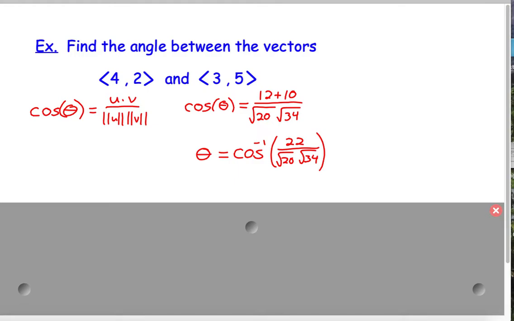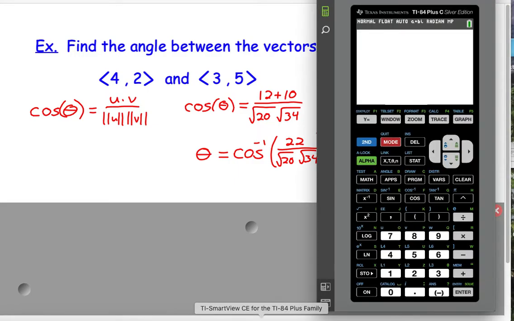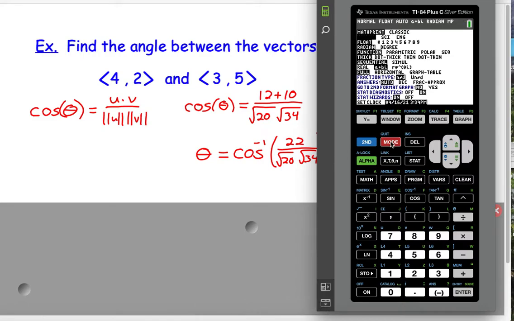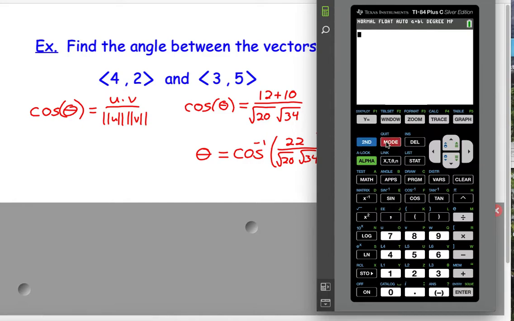So let's grab a calculator and make sure we're in degree mode, which I'm not. Okay. And now let's do inverse cosine, second cosine, 22 divided by, now be careful here, you need parentheses if you're going to put the individual square roots. Or I can save myself some work, and how about I combine those and just say 20 times 34 inside one radical.